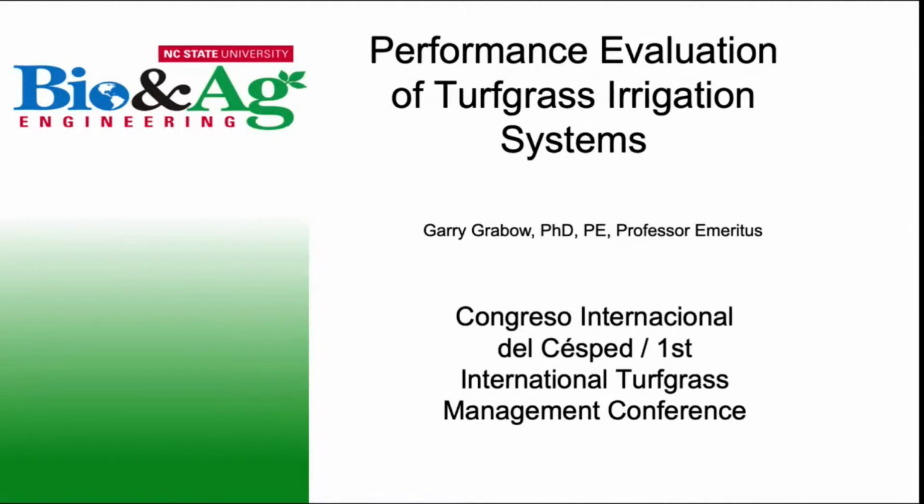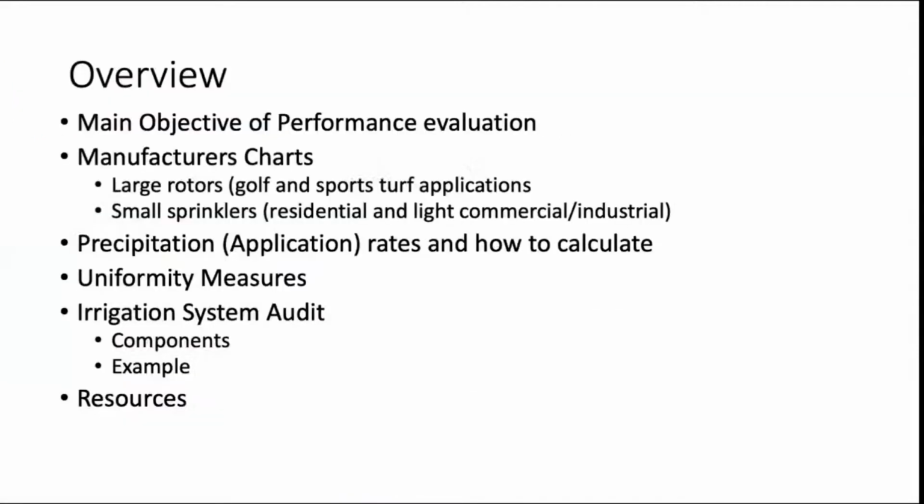So this is going to be looking at performance of the system itself, and then we'll talk about irrigation water management in the next talk. So when we talk about this, I'm going to list a couple of objectives. There's really a number of objectives, but two in particular, we're going to come away with numbers.